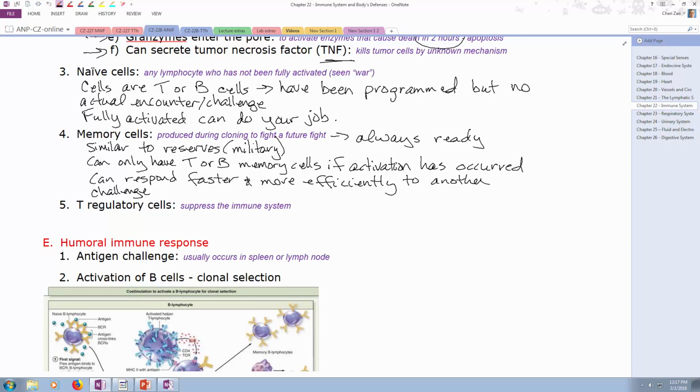Where do these memory cells go? Where do these cytotoxic memory cells and helper memory cells go? Because if you have a whole bunch of memory cells, and I told you this system is systemic, where do they go? Yes!